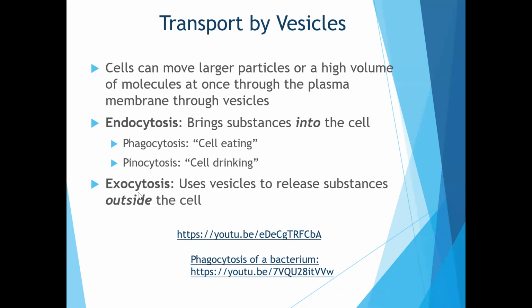Exo means to exit, so that's getting stuff outside of the cell. So when the Golgi apparatus packages and delivers a protein to the cell membrane and it exits, that would be an exocytosis. So vesicles are going to release substances to the outside of the cell. There's just a couple YouTube videos here that will show you examples of how vesicles work.